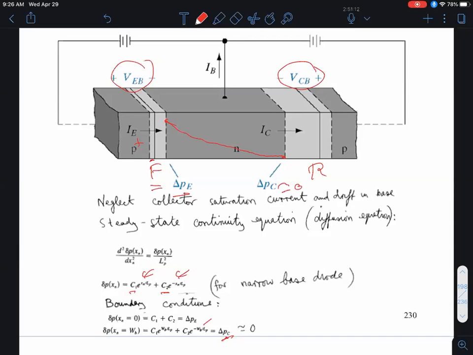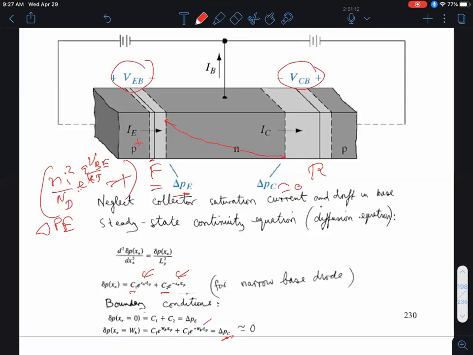In fact, it'll be approximately equal to Ni squared over Nd in the base times e to the power qVBE over kT minus 1, okay? But you can kind of ignore the minus 1, okay? Because if I have forward bias, the exponential term dominates over there, okay? So that'll be your delta PE. Okay, so that's my delta PE, while delta PC over here is approximately equal to 0.